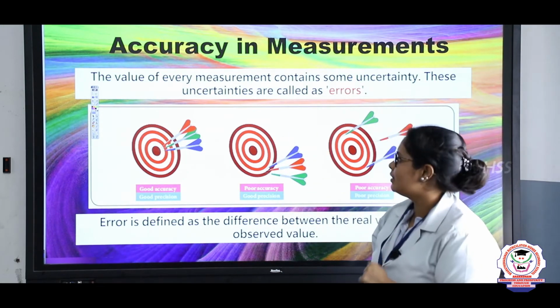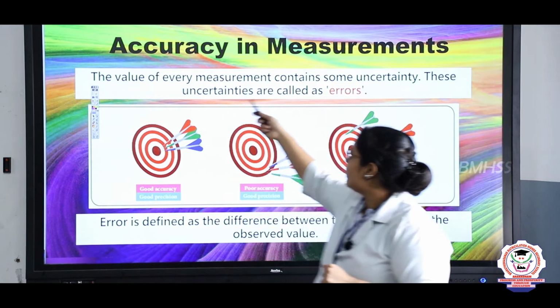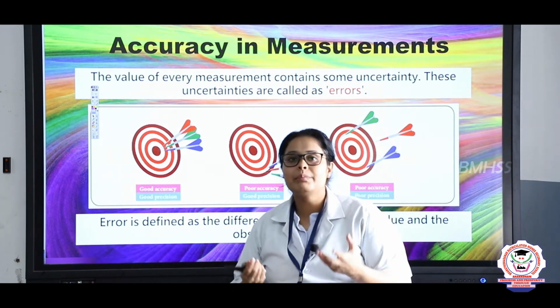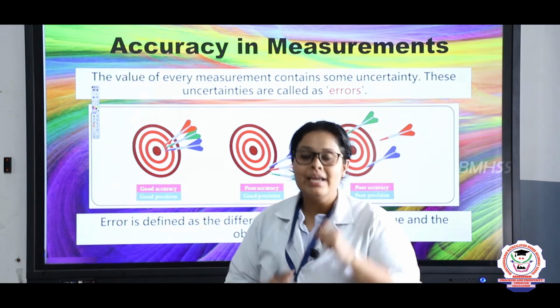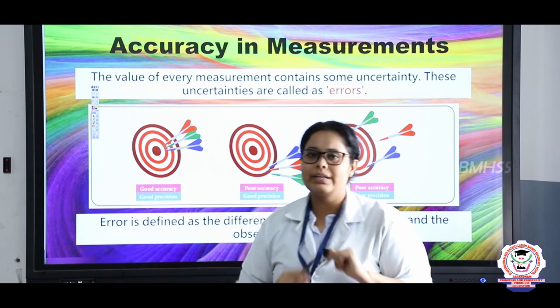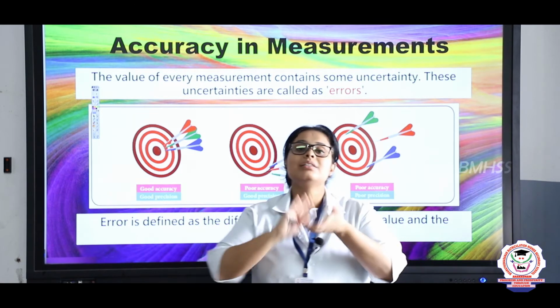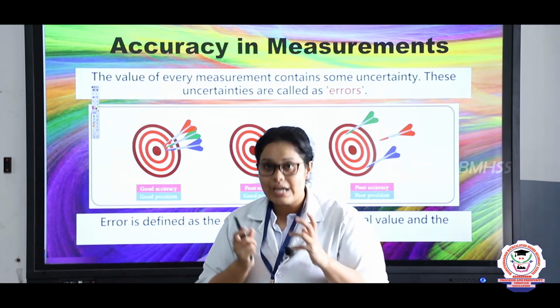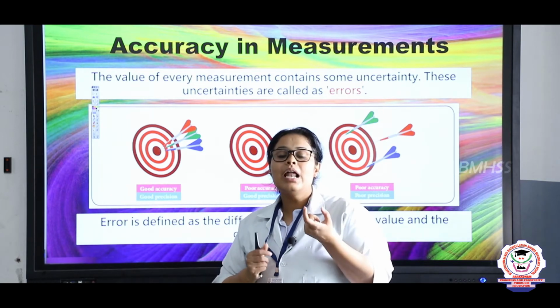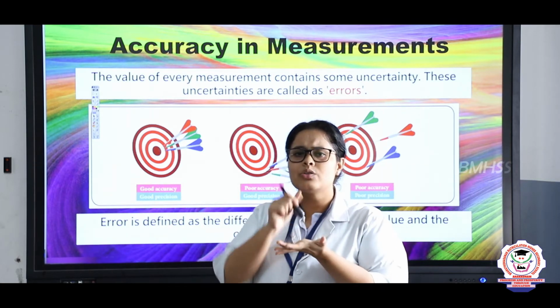So what is accuracy? The value of every measurement contains some uncertainty. Uncertainty means if I need 1 kg, it can be a little bit more than 1 kg or a little less than 1 kg. So that is known as uncertainty. That uncertainty is known as error, because here the amount is not accurate, it is not fixed.